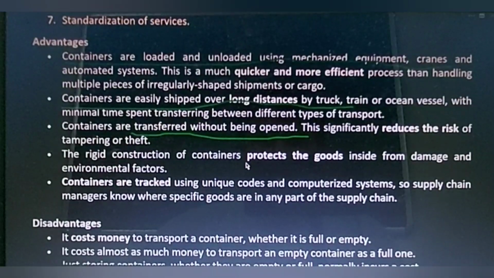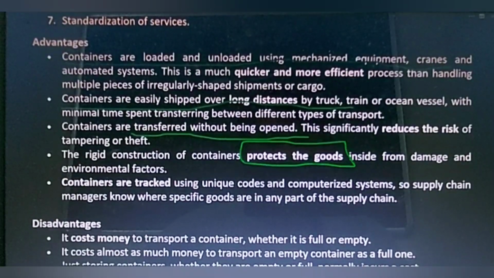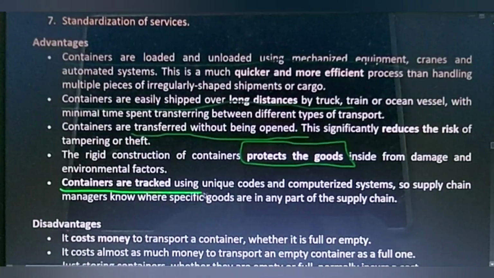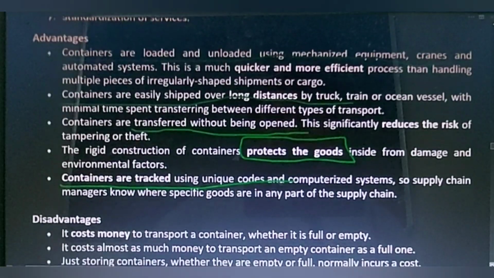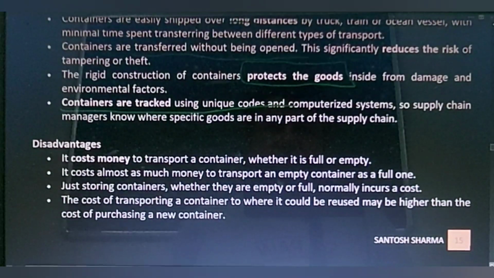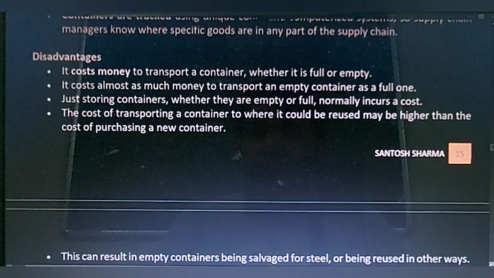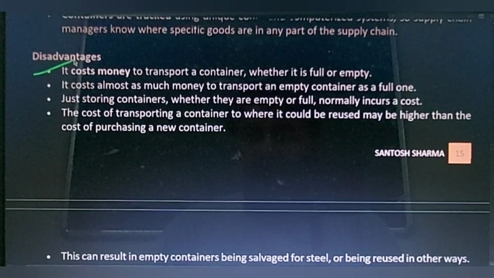And they protect the goods. This is the most important advantage, that goods are safe in containers, and containers can be tracked because they have all special numbers and codes, through which the cargoes can be easily tracked. Then there are some disadvantages attached to containers, like it costs a lot of money.